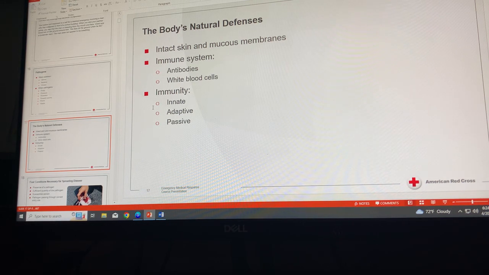When the skin is damaged, infectious microorganisms can enter through openings, such as cuts or sores.